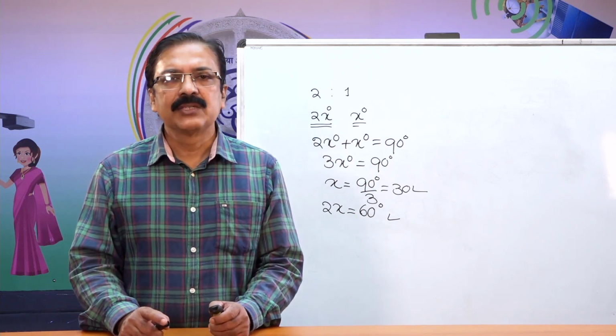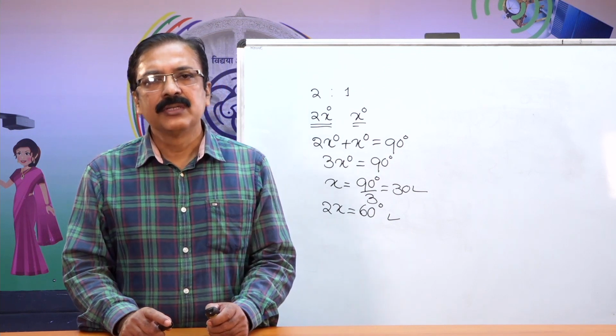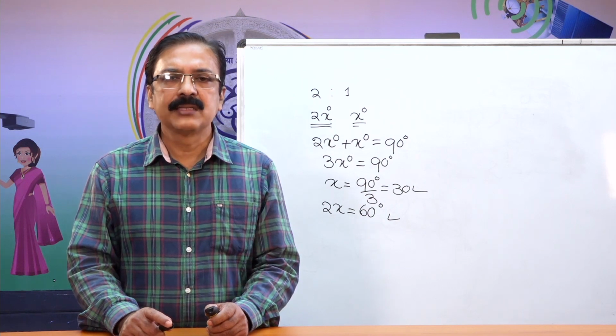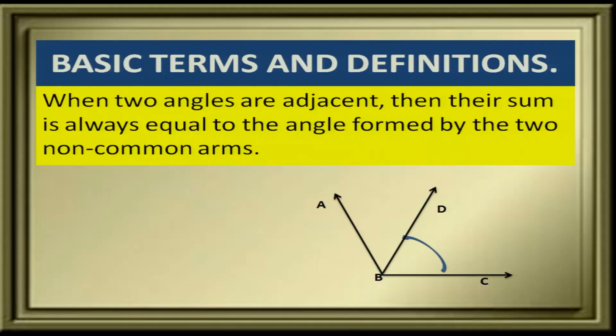Now what is specific about these adjacent angles? Let's see. When two angles are adjacent, then their sum is always equal to the angle formed by the two non-common arms. Here the non-common arms are AB and BC.